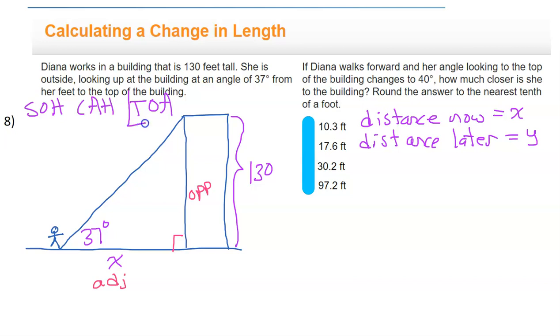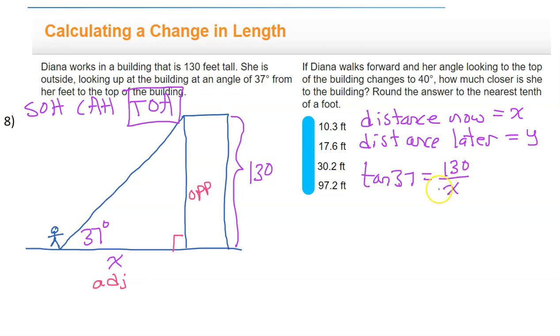Well, that's going to be the tangent function, because tangent is opposite over adjacent. So let's go ahead and set up the tangent function. So we can say that tangent of the angle is equal to opposite over adjacent. So that's 130 over x.